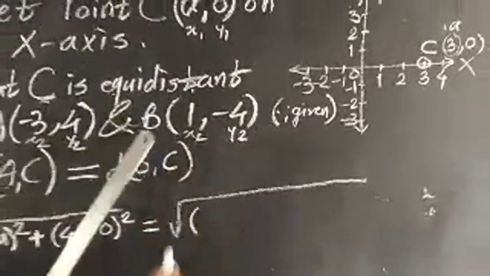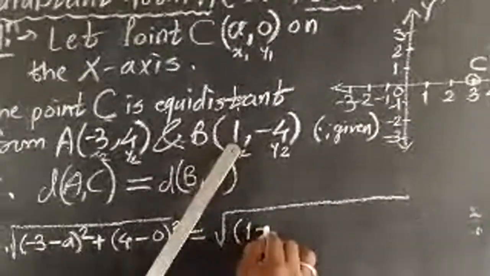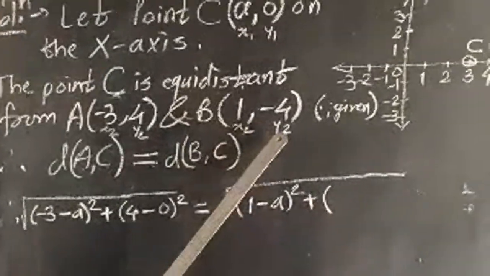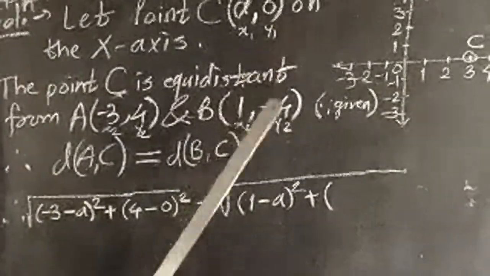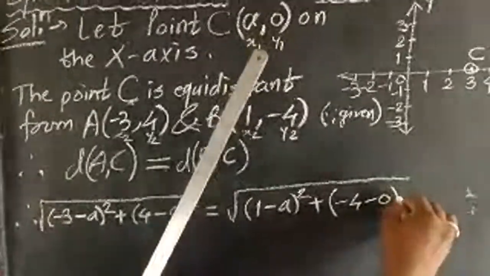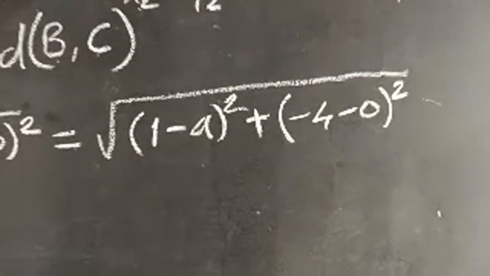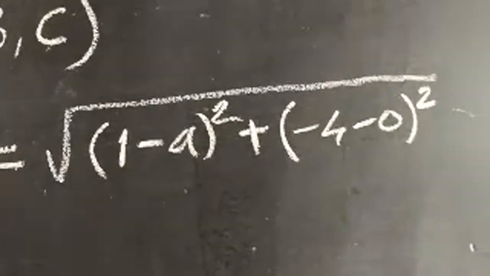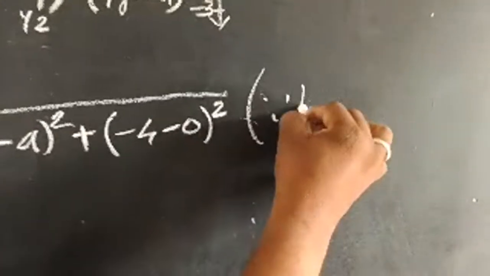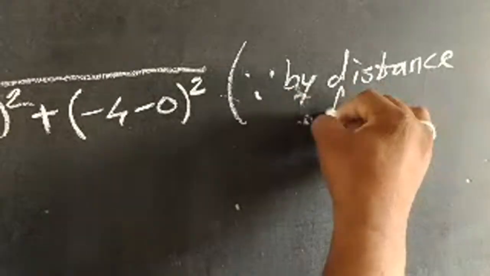Then x2 minus x1 means (1 minus a) square plus (y2 minus y1) means (-4 minus 0) square. Yes. Therefore we write here the reason: by distance formula.